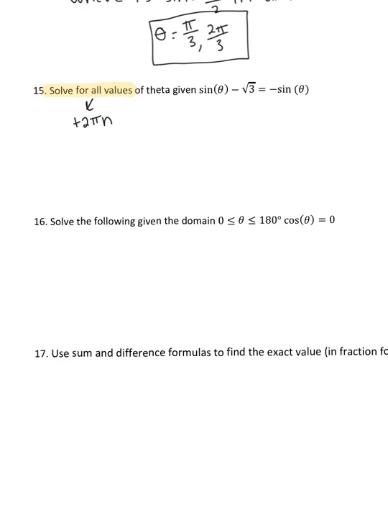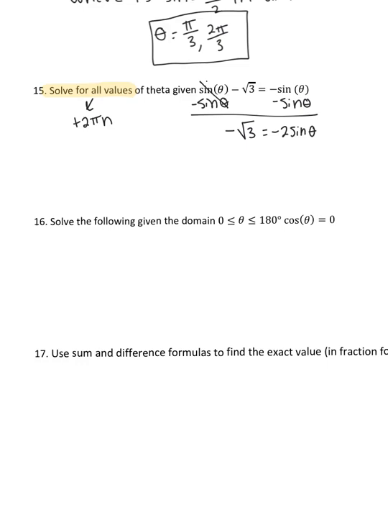So I'm going to move this sine theta, this one here, to the other side. So I'm going to subtract sine theta from both sides. So these are gone, and I have negative root 3. Negative sine minus a sine gives me negative 2 sine theta.